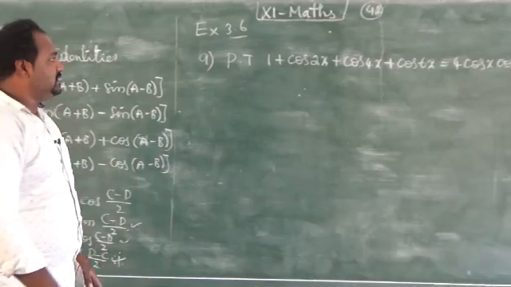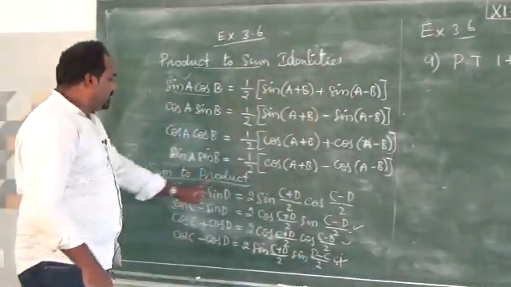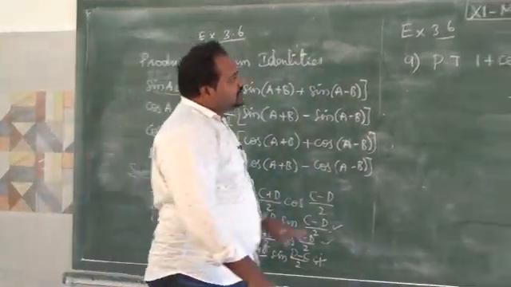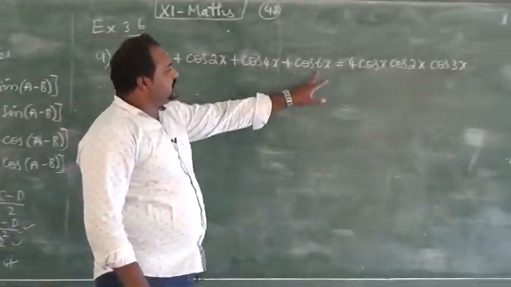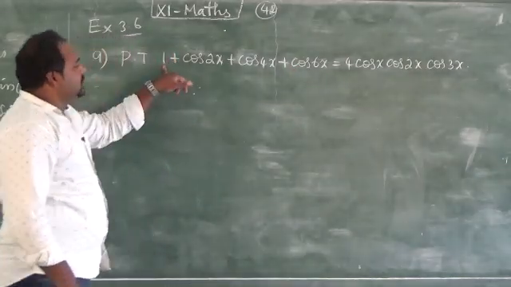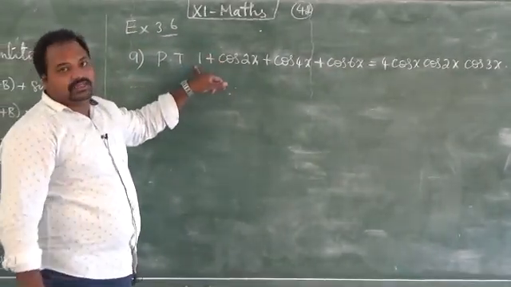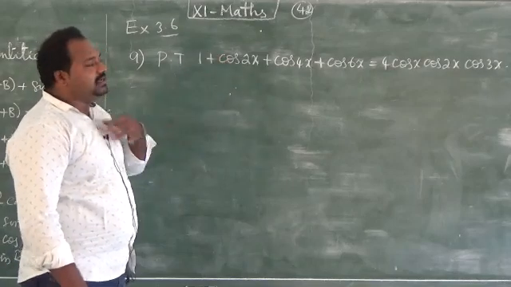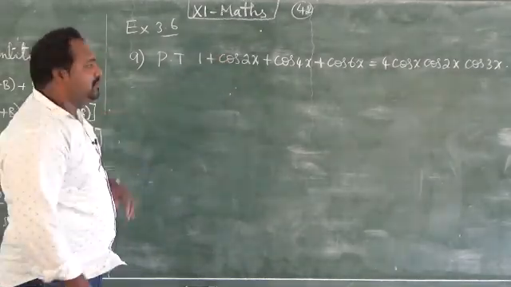Anyway, I am going to use the sum to product formula, but here in this case we have all cos functions in these 3 terms, but only the 1 given is not a trigonometry ratio. So first I am going to convert 1 into a trigonometry ratio.